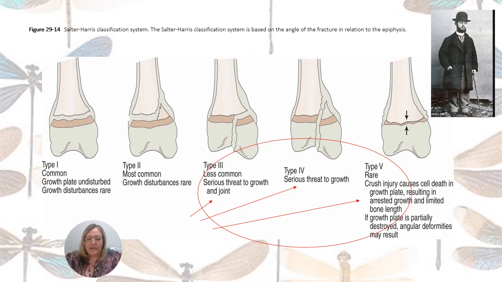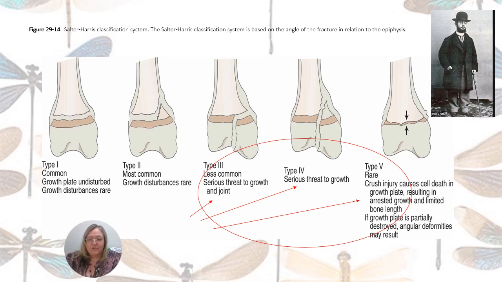Type 1 affects the epiphyseal plate, but it's a nice, clean, straight break, and so this is not likely to cause any kind of problem with growth. However, the more of the epiphyseal plate that's involved in the break, the more likely you are to have growth disturbances.